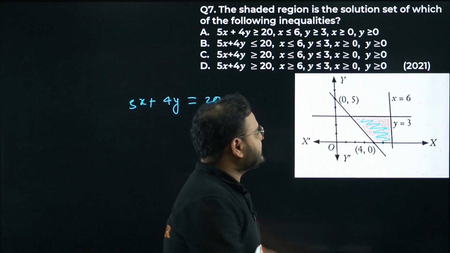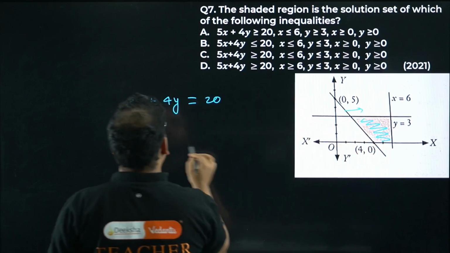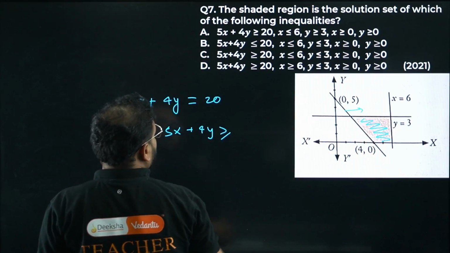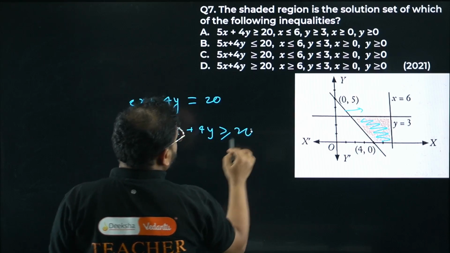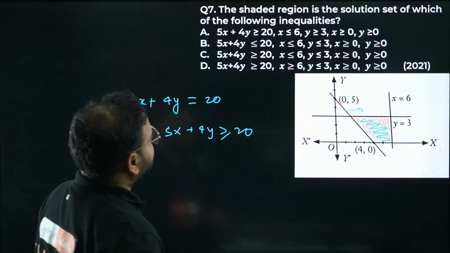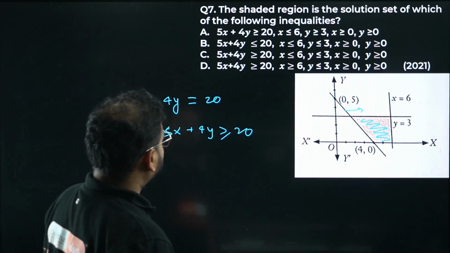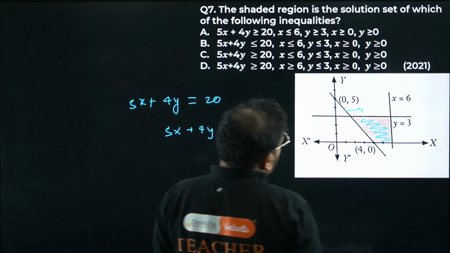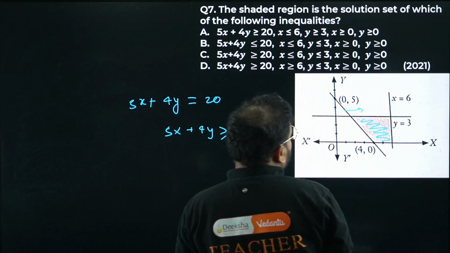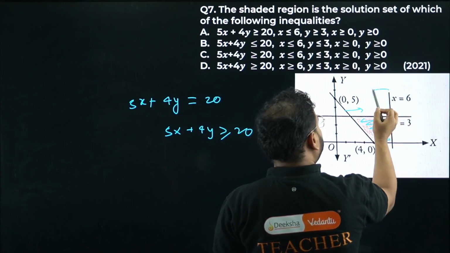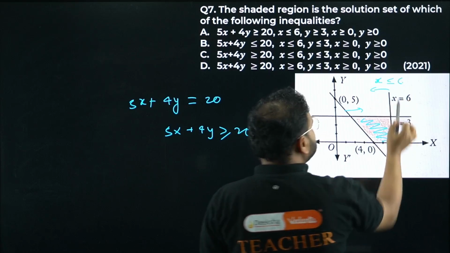I'm looking for this side now. It means the inequality will be more than 20. Please check. So that's my inequality. What next? Have a look. Now we have x equal to 6. On this side I want, so x is less than or equal to 6.